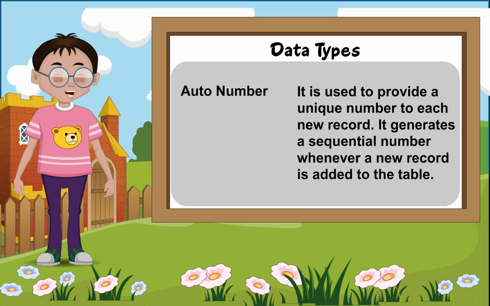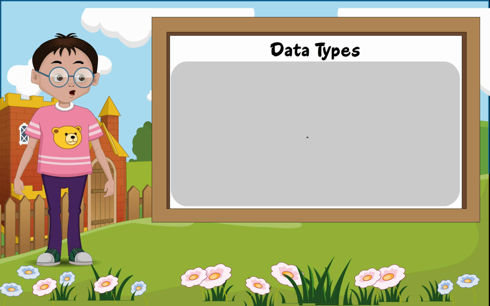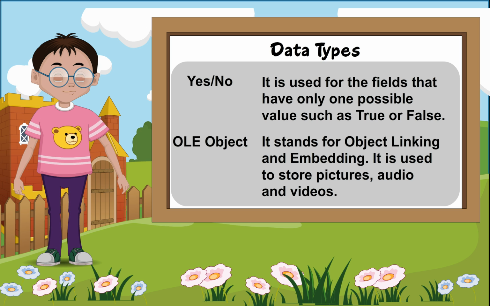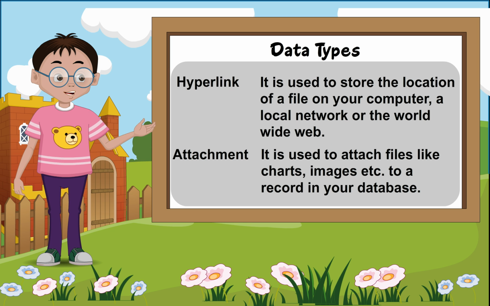Auto number. It is used to provide a unique number to each new record. It generates a sequential number whenever a new record is added to the table. Yes or no. It is used for the fields that have only one possible value such as true or false. OLE object. It stands for object linking and embedding. It is used to store pictures, audios and videos.